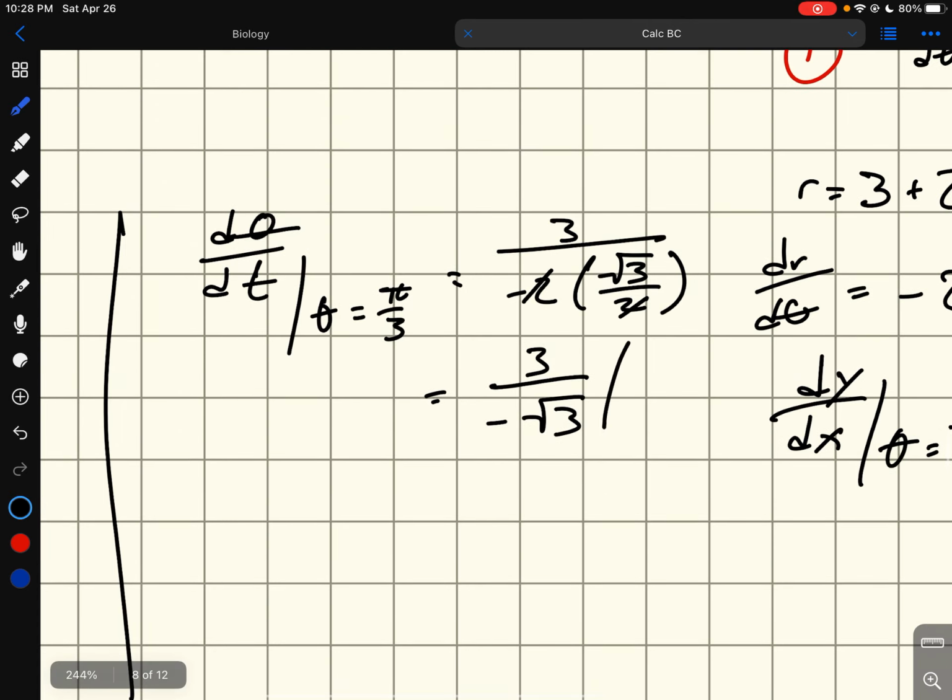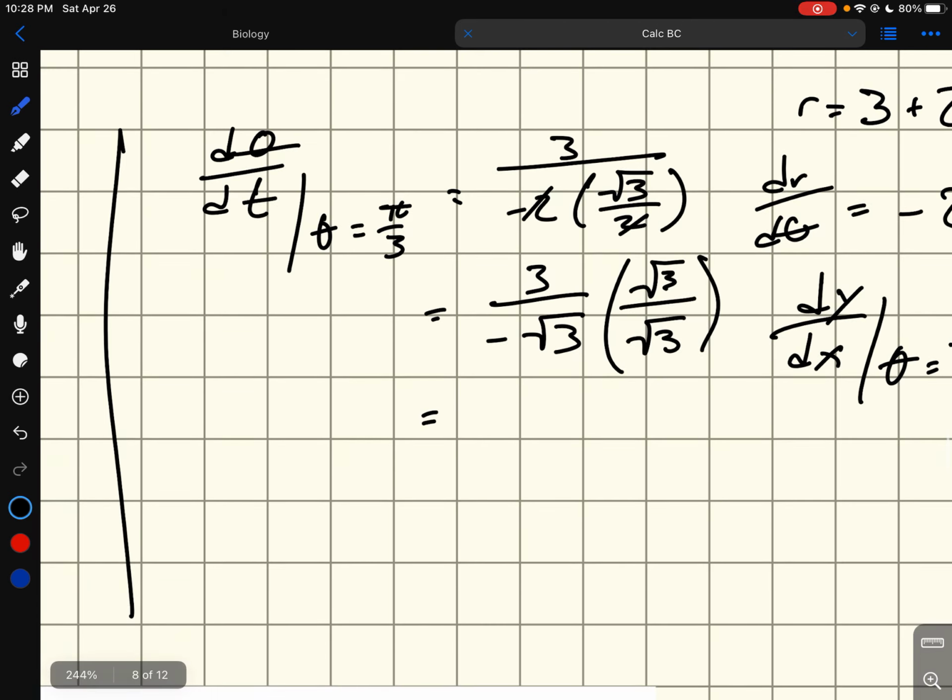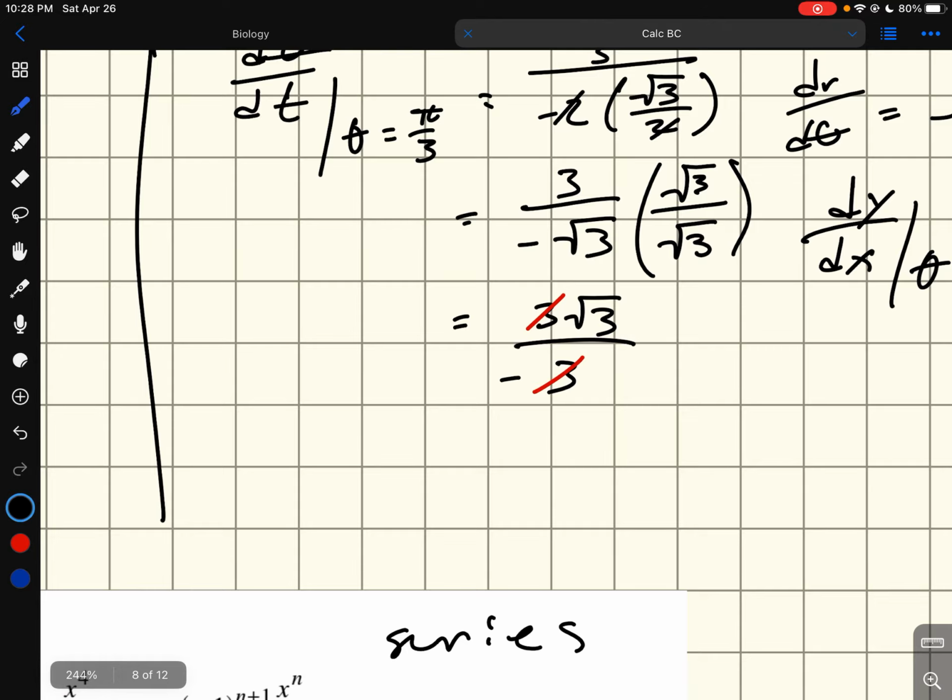And if we rationalize it by multiplying both by square root of 3, then we get negative, square root of 3 times square root of 3 is 3. And on the top we get 3 square root of 3. So here, I'll just write it out. 3 square root of 3 over negative 3. And these 3's cancel out, so we actually just end up with negative square root of 3.